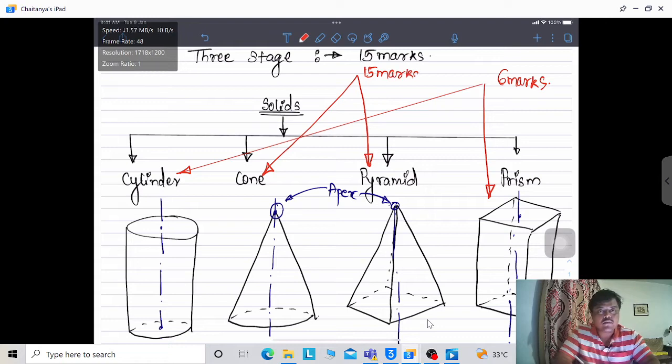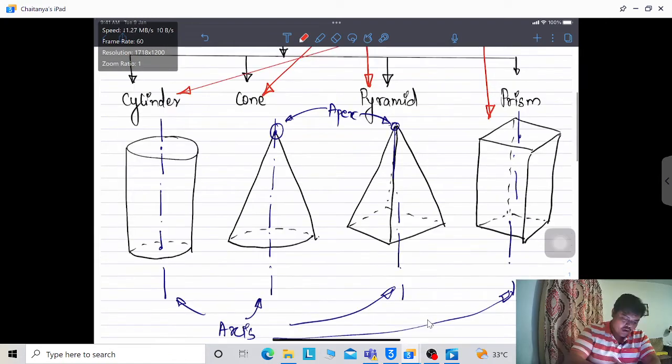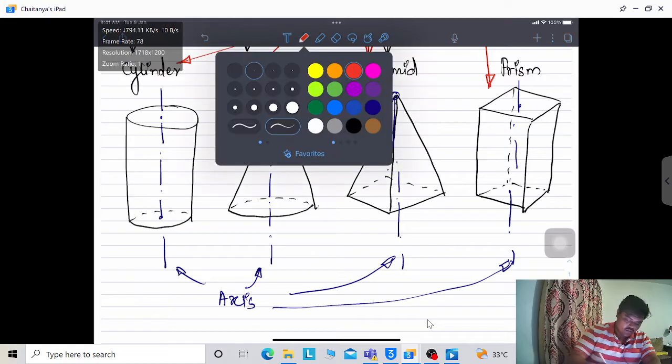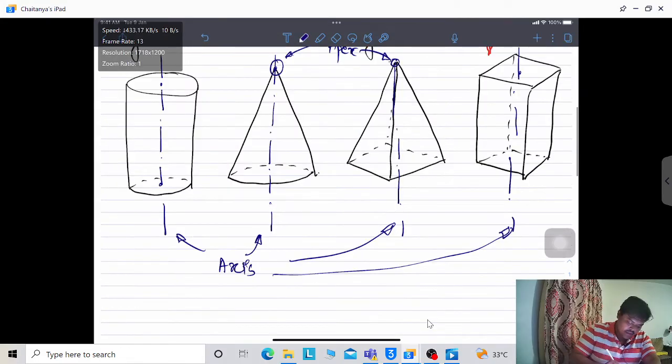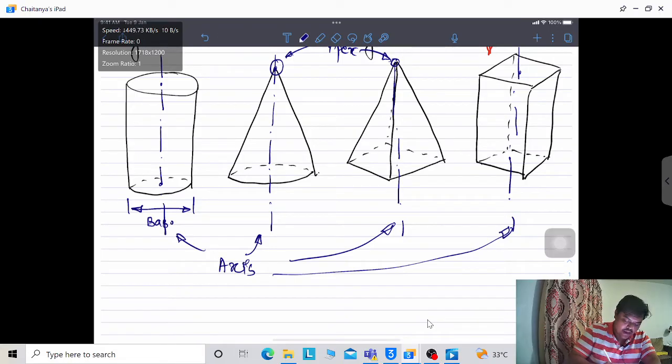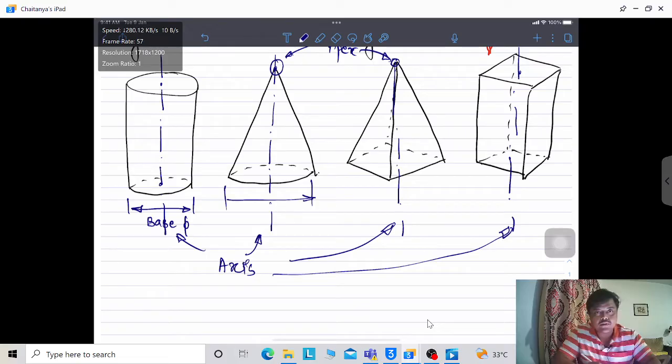Another technical aspect is quite simple. This is the base diameter. It is observed in a cone and a cylinder. Phi is the representation of a diameter. This is a base edge.